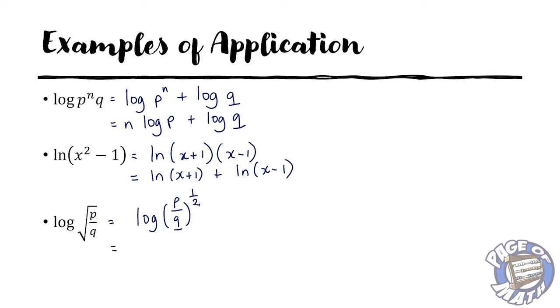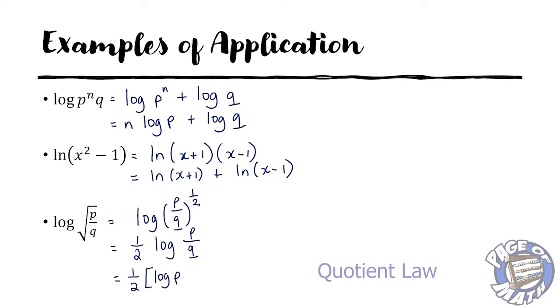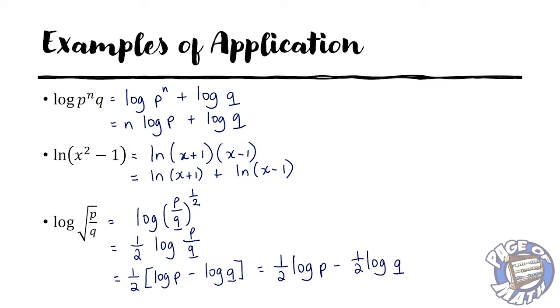So this is actually a half of the log of p divided by q. Now the log of p divided by q, we put a bracket, is the log of p minus the log of q. Now if a half is multiplied to each thing here, it becomes a half log p minus a half log q. And here we have it.